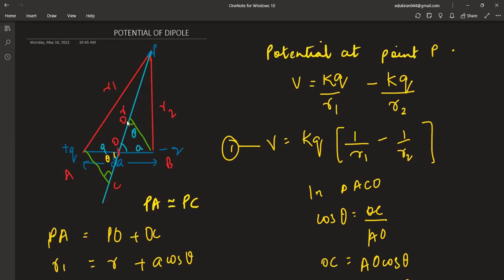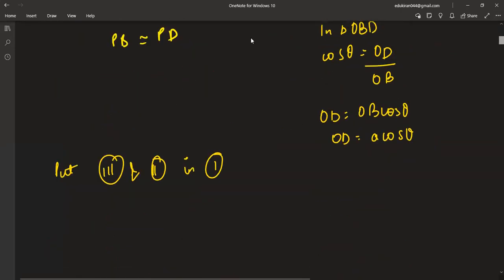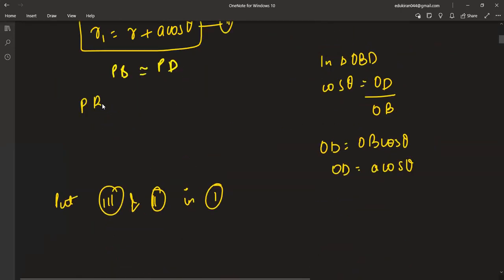That is PO minus OD. Right, class? If from the value PO you subtract OD, what are we left with? PD, right? And that is equal to PB. So PB is ultimately equal to PO minus OD. PB is R2. What is PO?